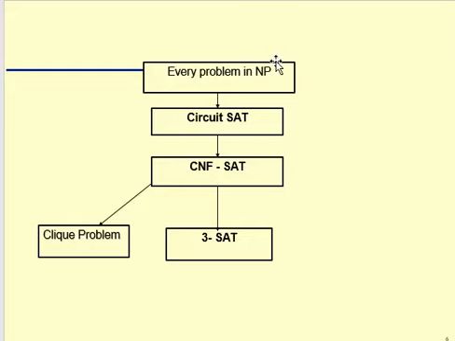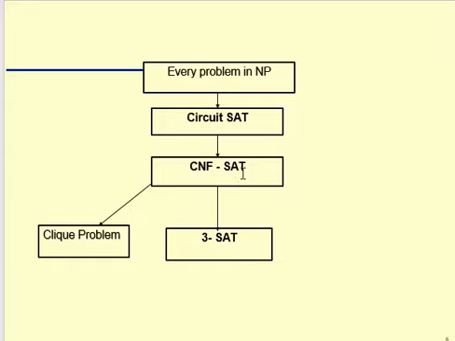And if circuit SAT can be solved in polynomial time, then every problem in NP can be solved in polynomial time. So actually, till now we don't have any solution for all these problems using a deterministic algorithm. But in future, if you have a deterministic algorithm for 3 SAT, that means 3 SAT can be solved in polynomial time using a deterministic algorithm, then we can say this can also be solved.